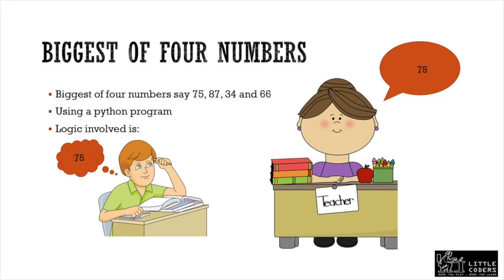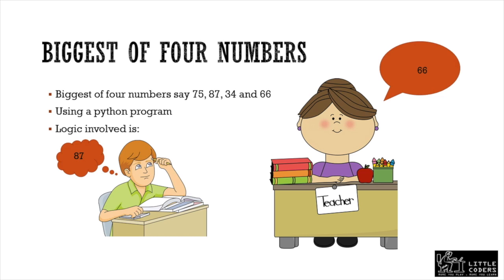Then she starts telling 75, then 87, 34, and 66. And once she says, you tell me the answer, everybody shouts 87. Now in this, what are they doing? When the teacher says the first number, they store that first number as the biggest in their mind. When she says the second number, they compare that number with the number in the mind, and whichever is bigger, they store it in the mind.